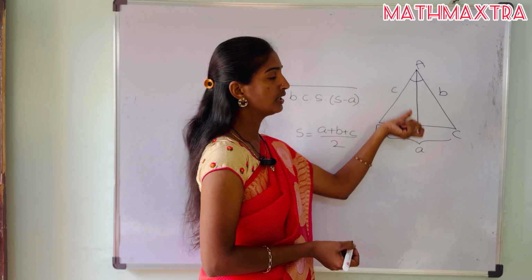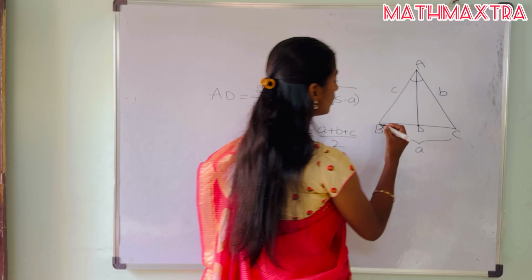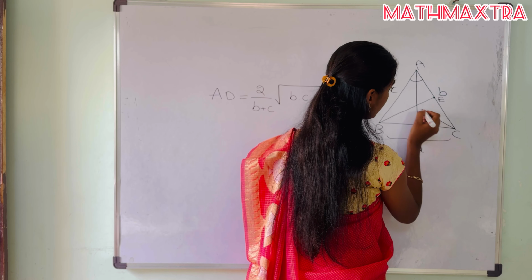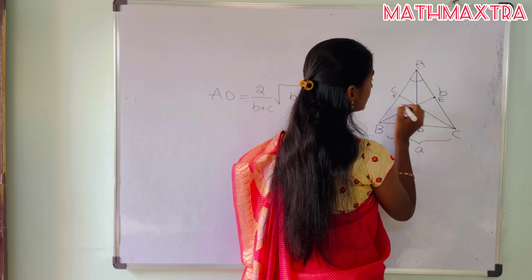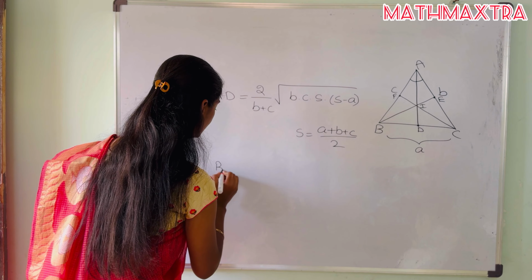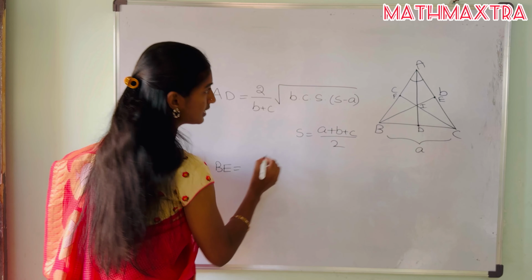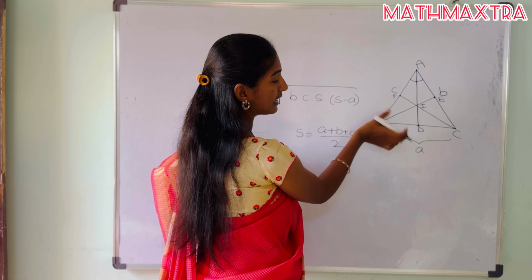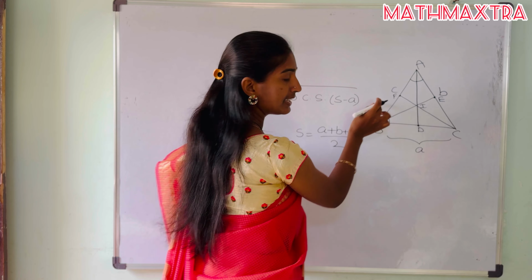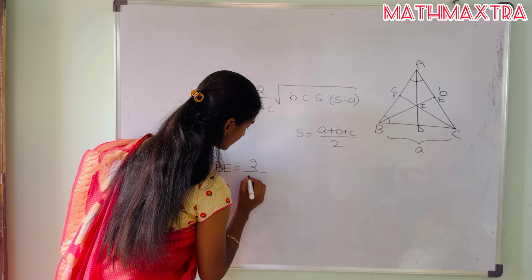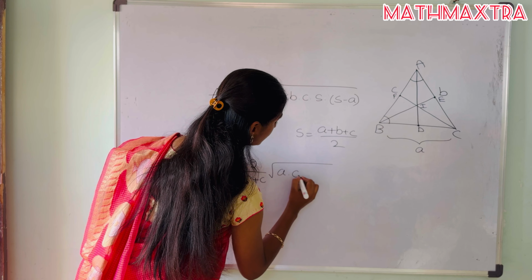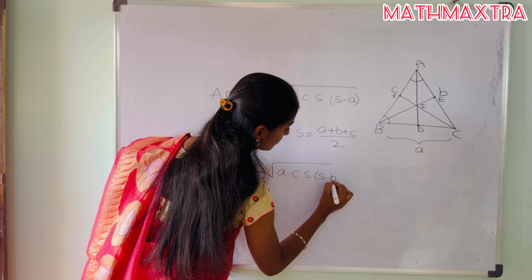By this formula we can find the length of the internal angular bisector AD. Similarly, you can find the length of BE and the length of CF. These are the other internal angular bisectors. What is BE? The sides on either side of the internal angular bisector BE are a and c, so you take the sum of those two: BE is equal to 2 by a plus c, into the square root of a into c into s minus b.